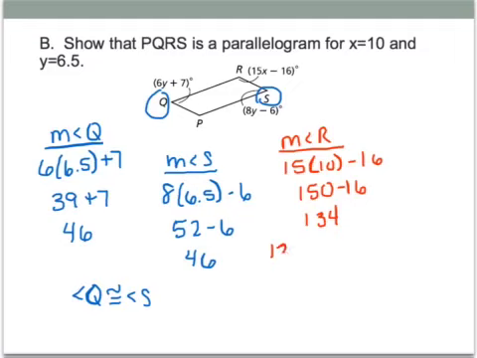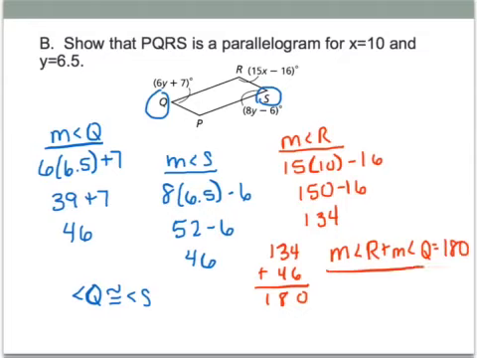All right, 134 plus 46 gives us 180. So R and S are supplementary, and then therefore R and Q would be supplementary. So yes, PQRS is a parallelogram. And you may want to just make a note that measure of angle R plus measure of angle Q equals 180. So there's our justification.